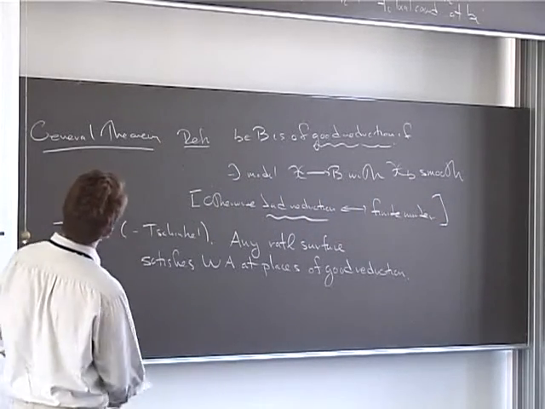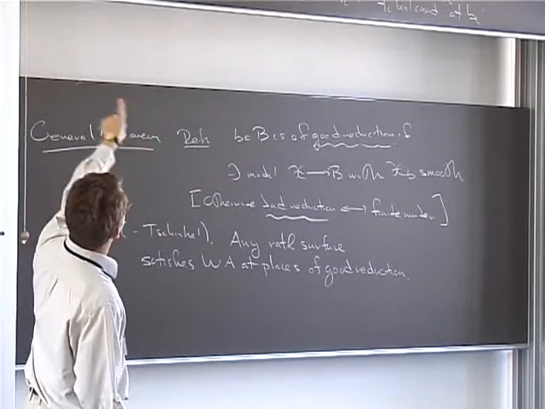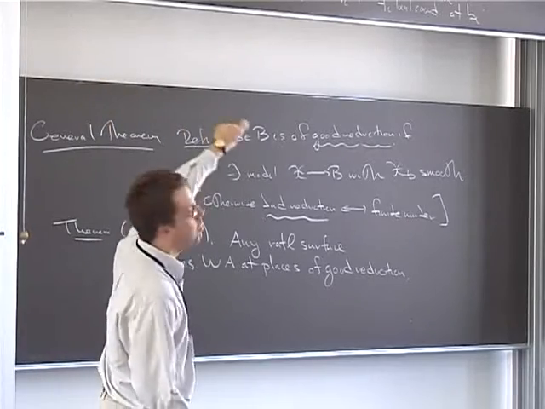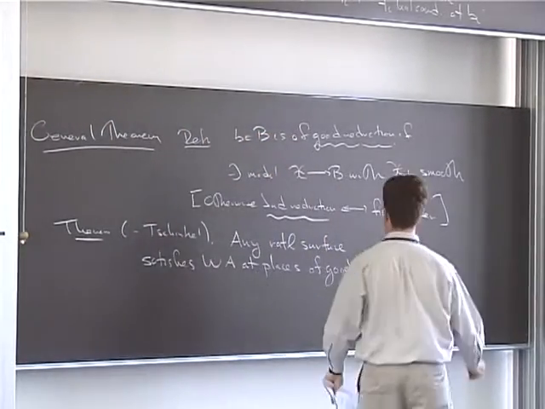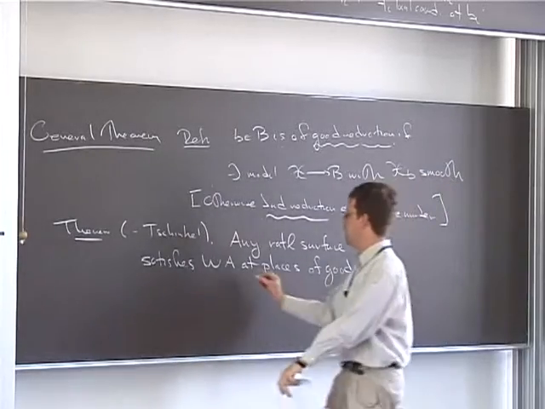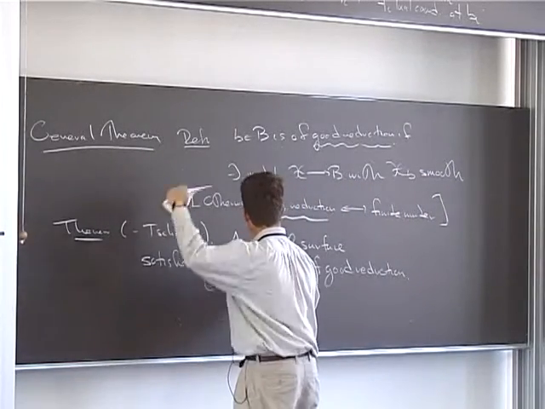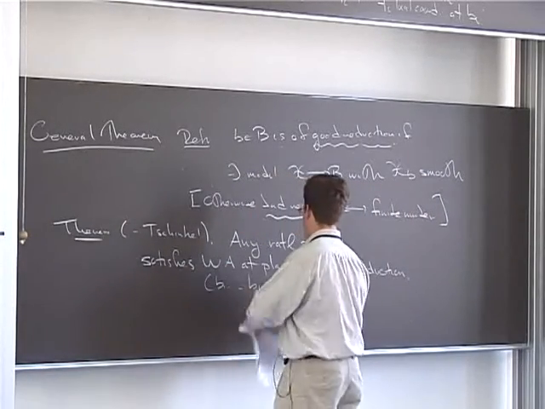Let me just emphasize here what that means: if I choose the points B1 through BR to be smooth points, so what I mean by this is that the points that I specified up there should be of good reduction.